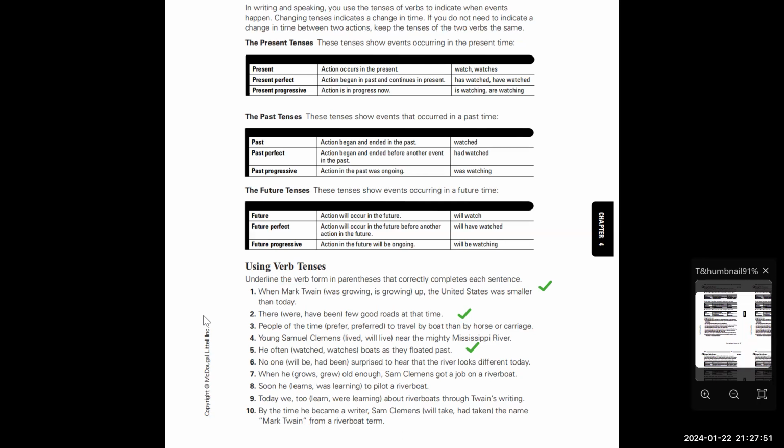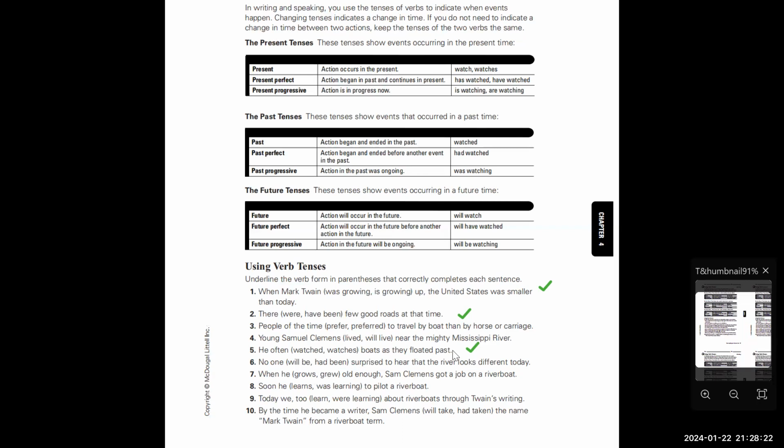There's a clue. The clue is so obvious. It's almost the same with number 1, compared to other numbers. Oh, grew. Okay, what is the clue there? Because Sam got. Okay, so it means it's in the past. So grew, not grows. Correct.